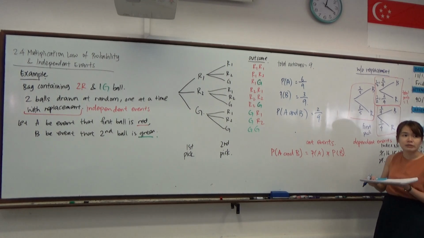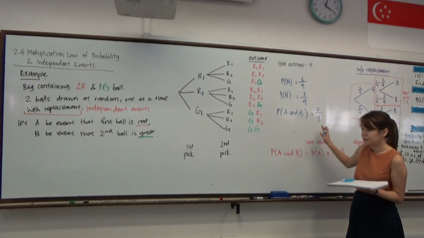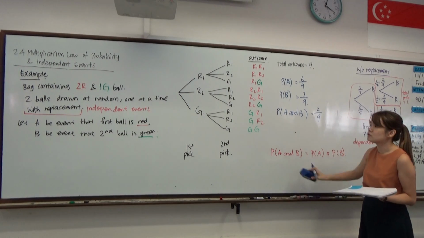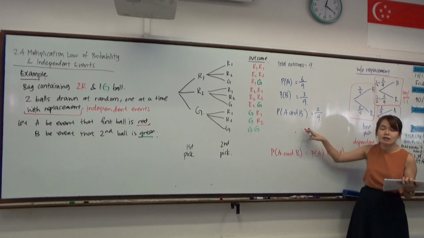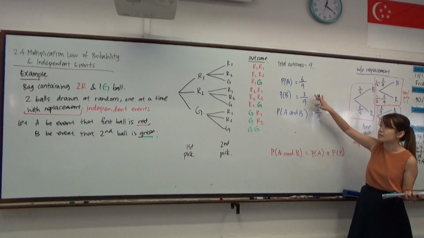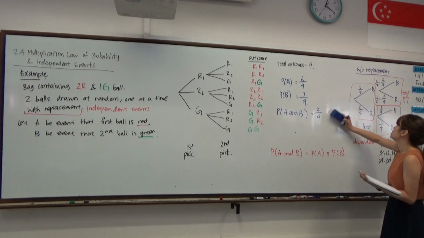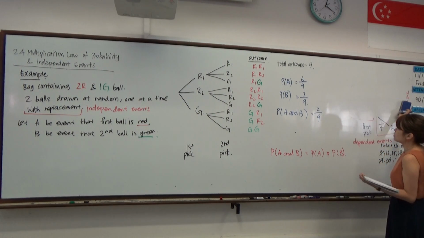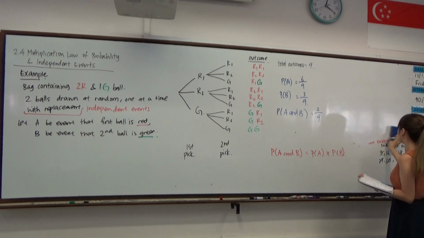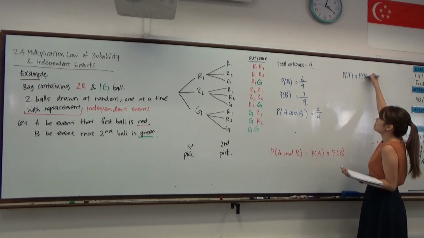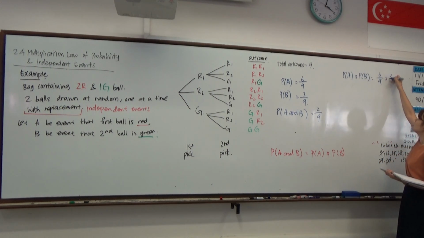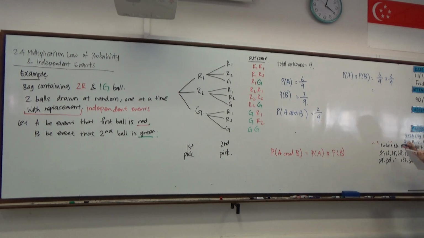So far you follow me about how I get these probabilities? What I'm doing over here is to verify that this actually holds true. The probability of A and B is going to be equal to the probability of A times the probability of B. So if I take P(A) times P(B), I will be able to get 2 out of 9, if you press it into the calculator.